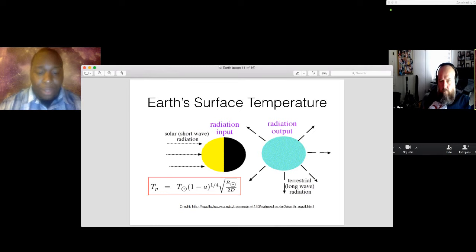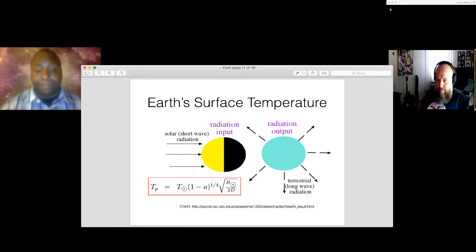And so this equation that I'm showing down here, where T sub P represents the surface temperature of the planet, is going to be equal to the temperature of our sun times this factor of (1 minus a) raised to the 1/4 power, where a is a factor known as the albedo, which is a planet's ability to reflect sunlight.